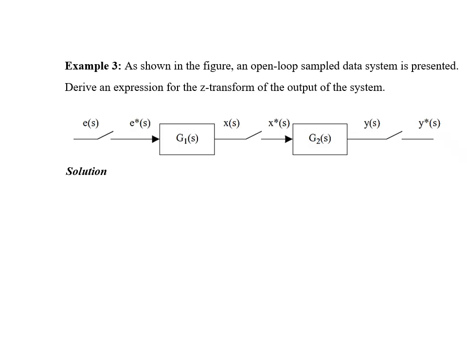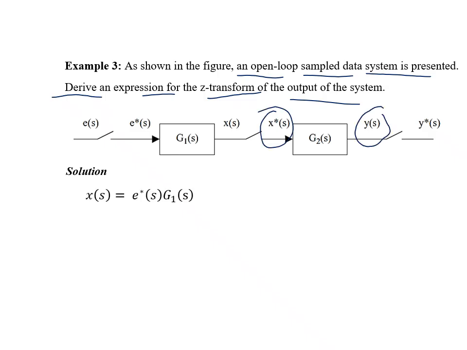Another example. An open loop sampled data system is presented. Derive an expression for the transform of the output of the system, which is Y star. First, we get Y as a function of X star, which is equal to G2 times X star. And X is equal to E star of S times G1.